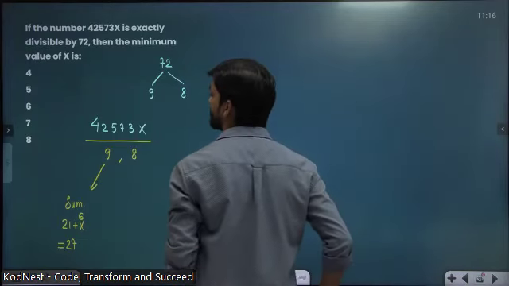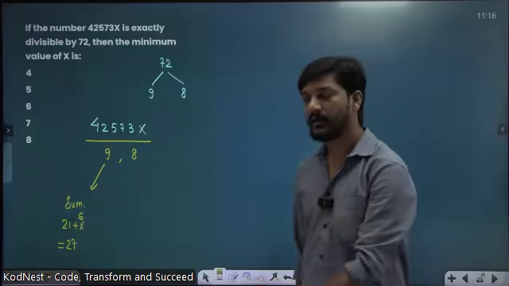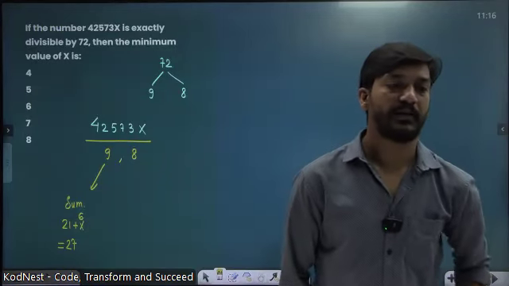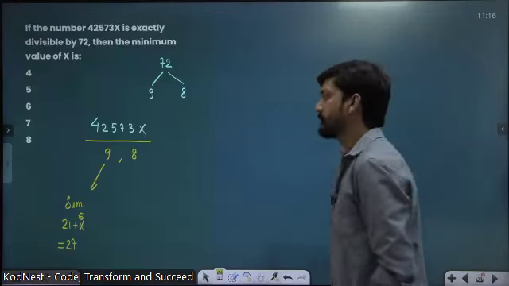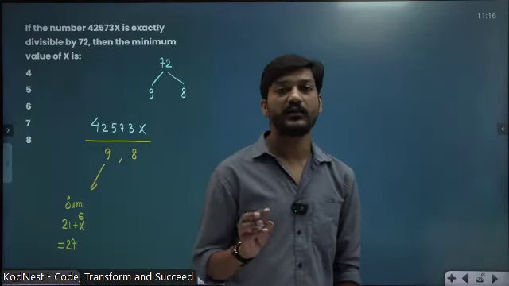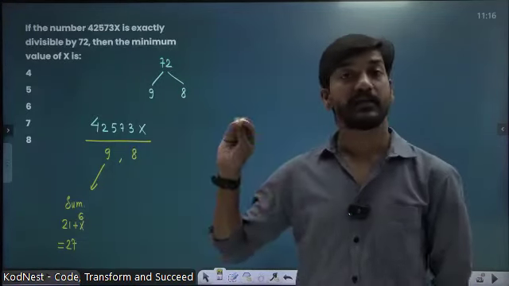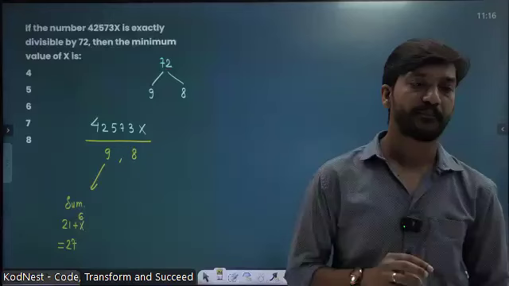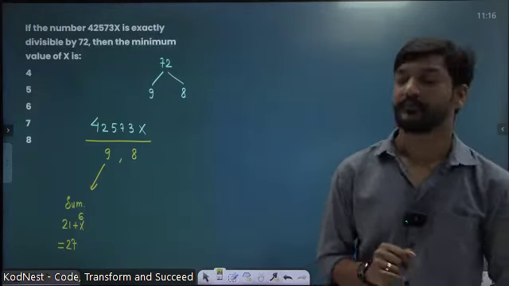9 is done. Carefully answer. Do we need to check for 8? Is it required? It is an MCQ question, that's why I'm asking. If it is a general, subjective question, I will say yes, please solve. It is an MCQ question. Is it required? Not required.